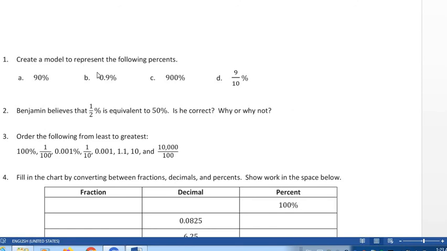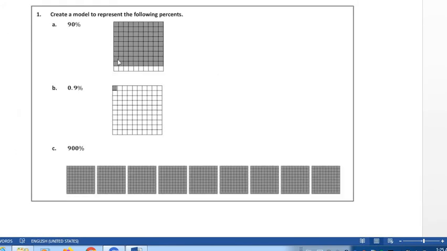Create a model to represent the following percents: 90%, 0.9%, 900%, 9/10%. Let's see how we can make a model. Here I draw this model, it has 10 boxes vertically and 10 horizontally.